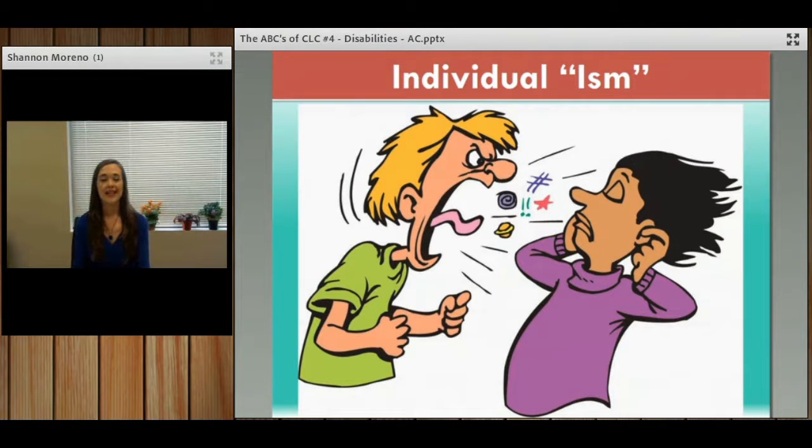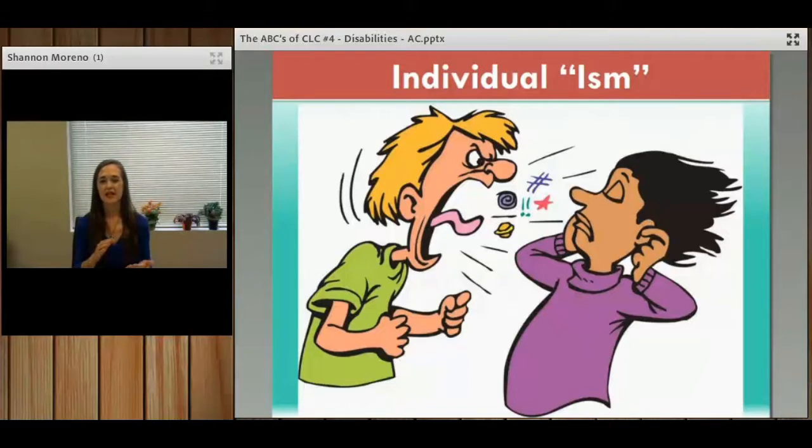So first of all, an individualism is what a lot of folks think about any time that an ism is brought up. And by ism, I mean things like racism, sexism, or what we're talking about today, which is called ableism. So when these isms come up, for example, ableism, again, this is typically what people think about.